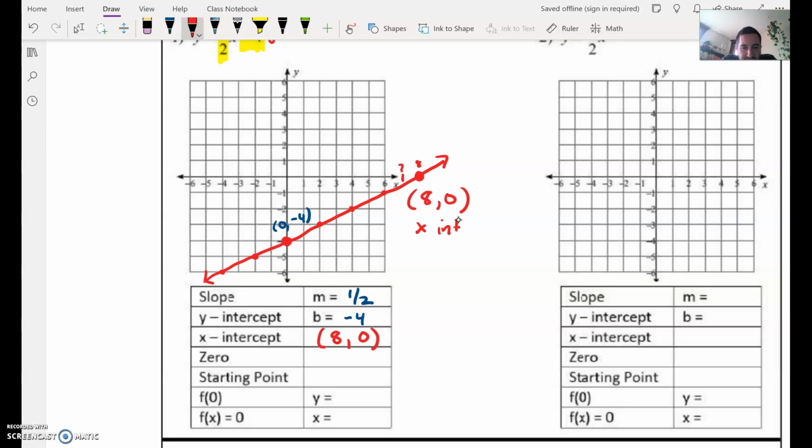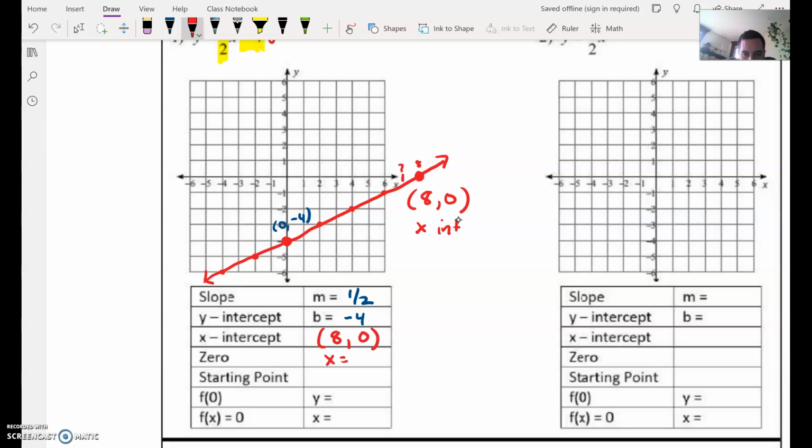And now let's talk about these last 4 things. The zero of the graph is just another name for x-intercept, and I want you to see that. Why is it called a 0? It's because the y is 0. So when they want you to find the quote-unquote 0, they want to know what x value causes the graph to be equal to 0, and that's the same thing as the x-intercept.